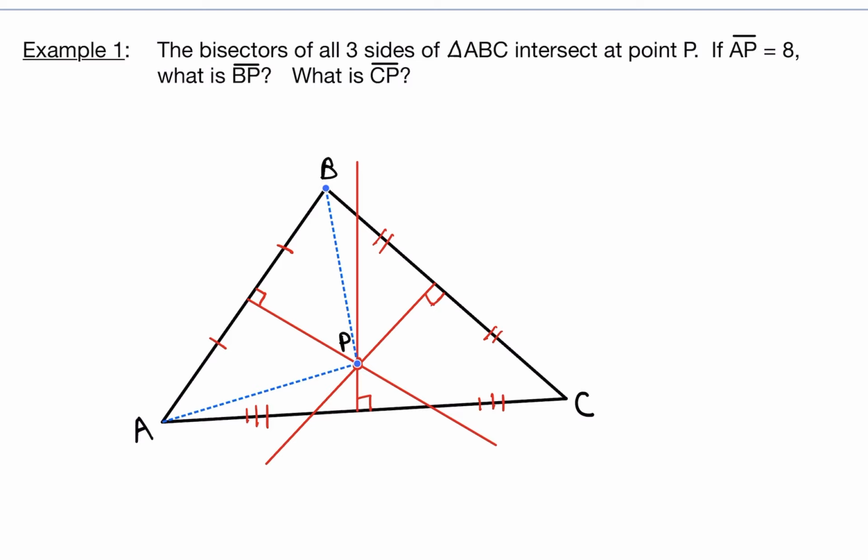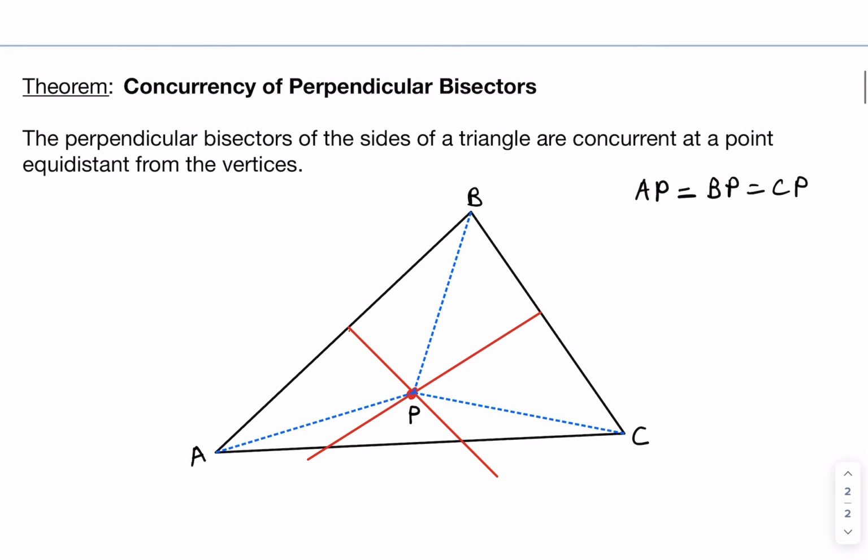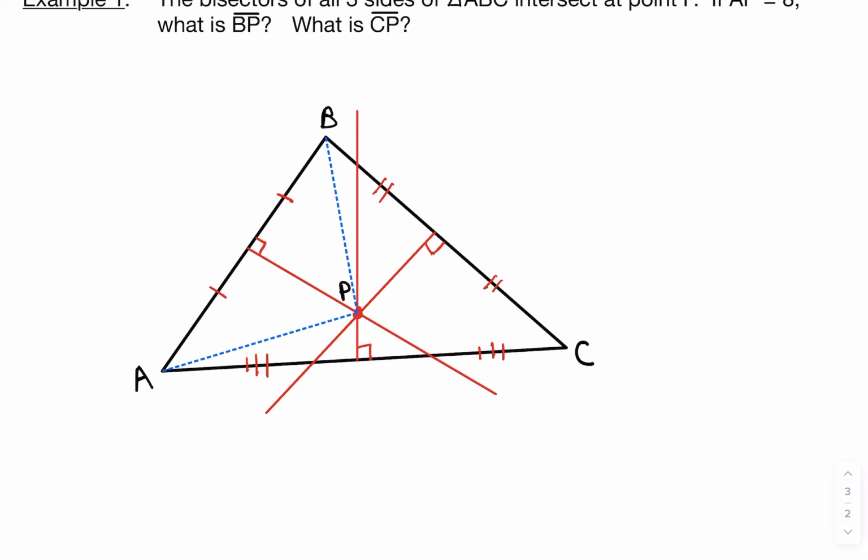Okay, so based on the theorem that we just learned, the concurrency of perpendicular bisectors, we know that AP is equal to BP, which is also equal to CP.